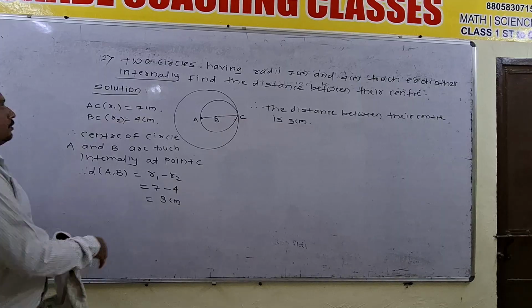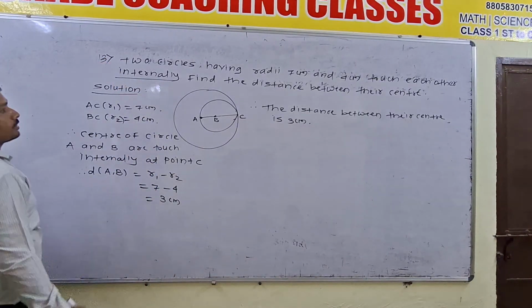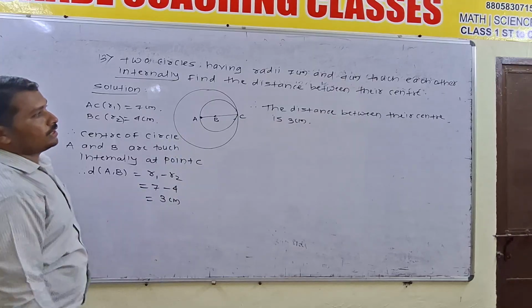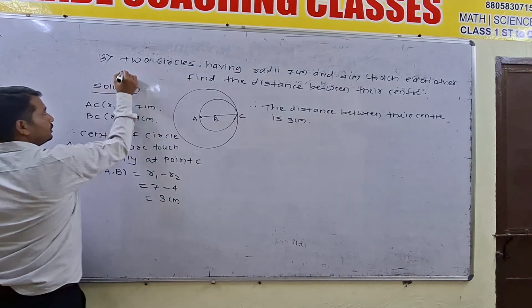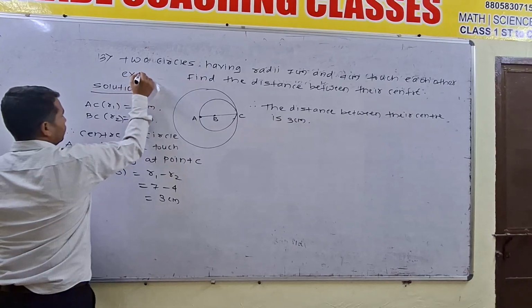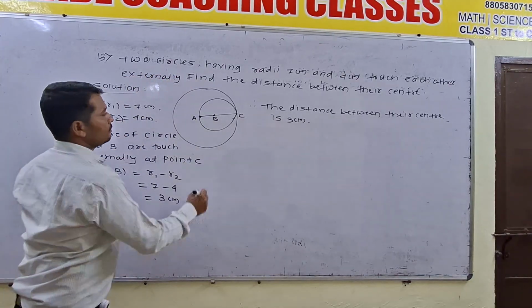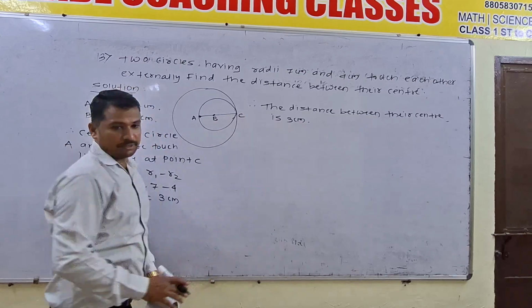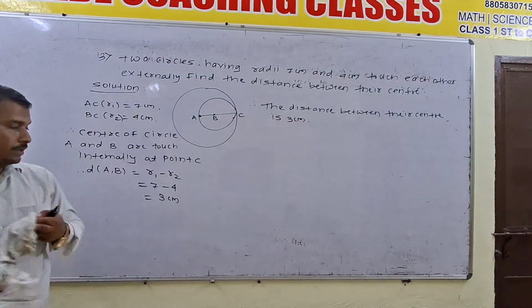We have changed only the question. Question number 13. Two circles having radius 7 cm and 4 cm touch each other externally. We change the word; there is externally. Find the distance between the centers. आता externally शब्द आहे म्हणजे diagram change होणार. We have changed the values of the diagram.